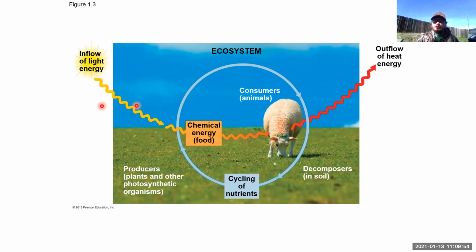So, for example, nitrogen can be in the soils, and then plants can take up that nitrogen, put it into their leaves. An animal can eat that leaf, take the nitrogen from that leaf, and put it into, say, an amino acid. And then when that animal dies, the amino acid will break down through decomposition, and that nitrogen will go back into the soil. So in that aspect, nutrients can cycle through ecosystems, but energy is just one-way flow.